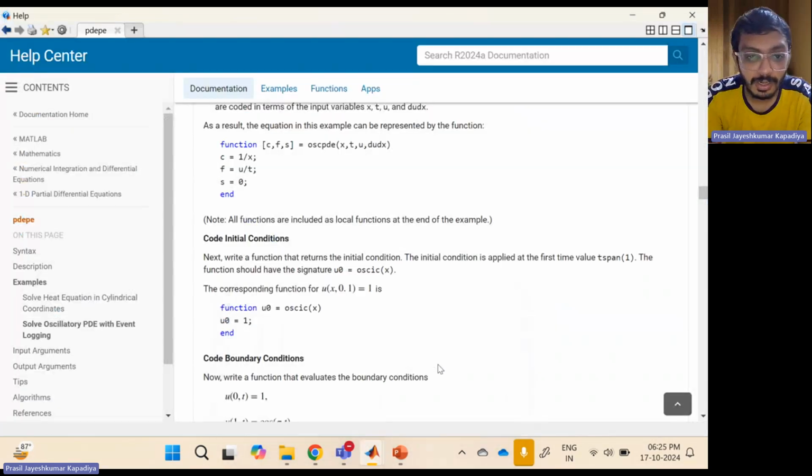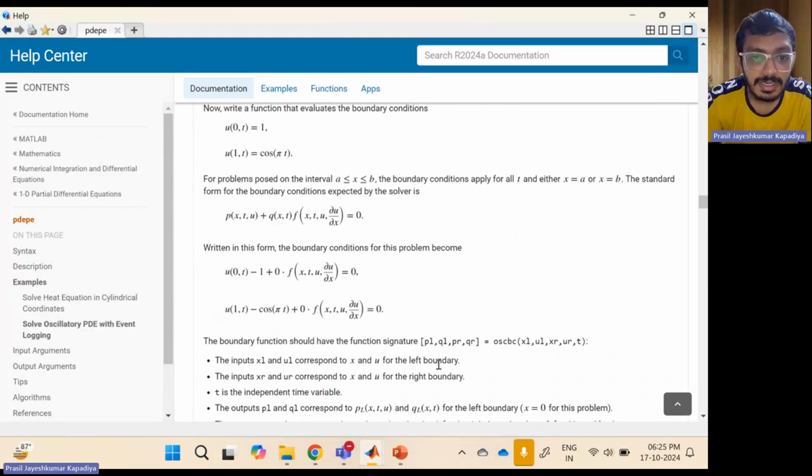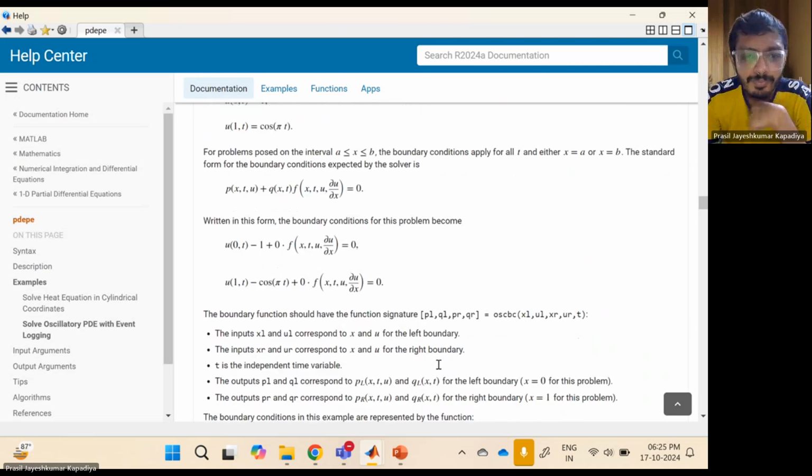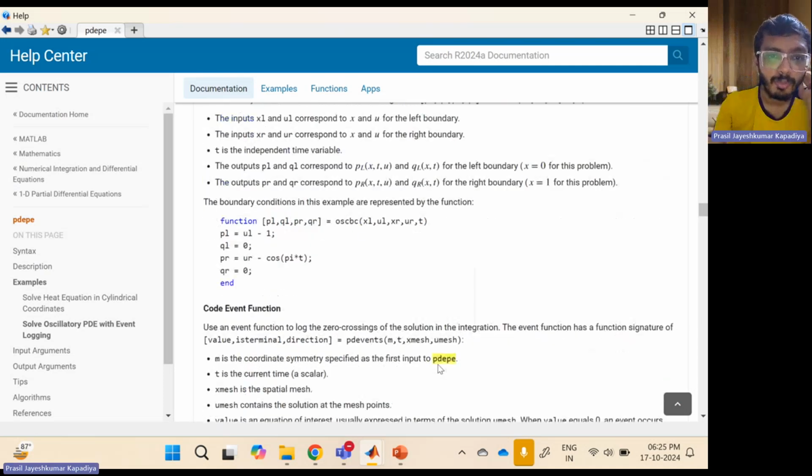For defining the boundary condition, we need this form: PL, QL, PR, QR. P meaning my normal Dirichlet condition, and Q meaning my Neumann condition.